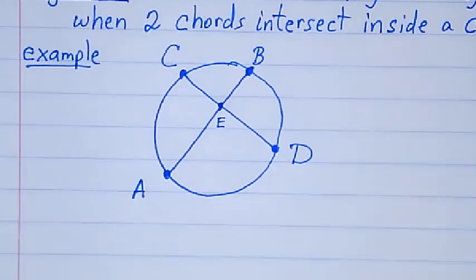It is 2. For what reason did you give me 2? Anybody else? Now I need to know if you got the logic, or this whole presentation makes no sense. You got 2 chords that intersect each other in a circle.